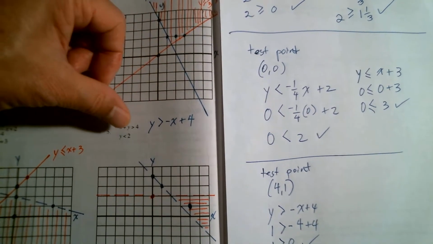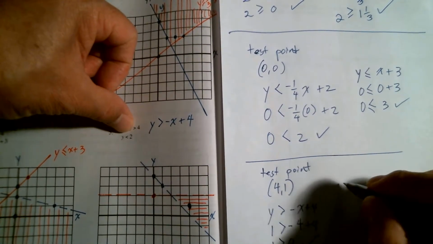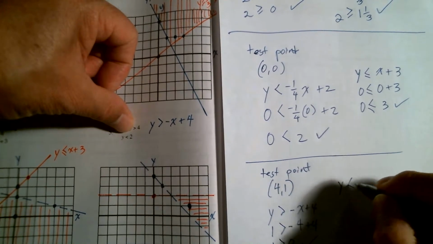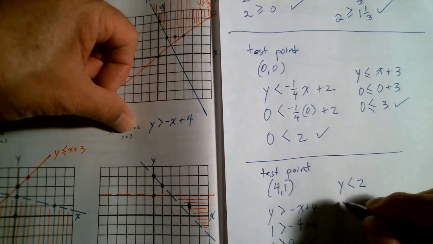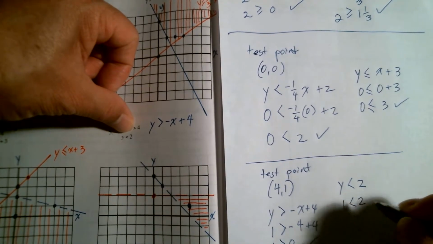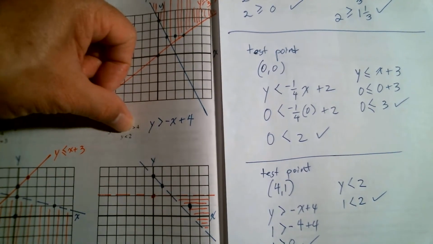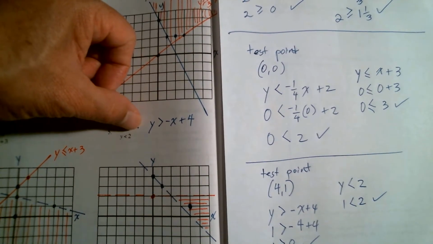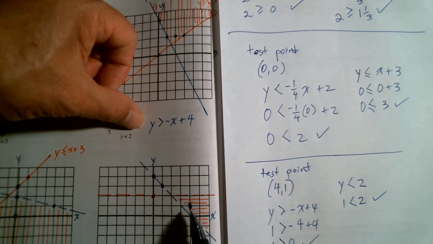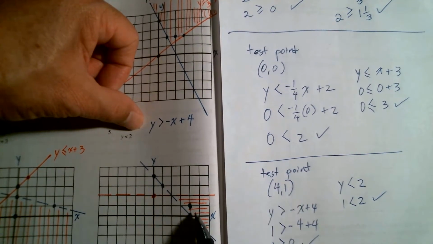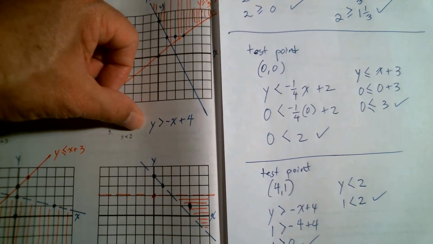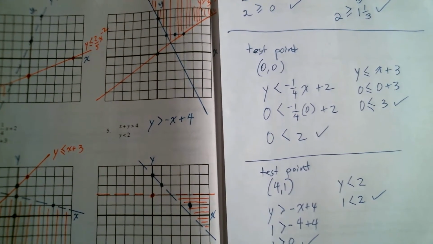So it checks out for the first inequality. Second inequality, y is less than 2, y is 1, which is less than 2. So the second inequality also checks out. So the point 4, 1, the test point, is part of the solution. So we just verified that we did the right shading.